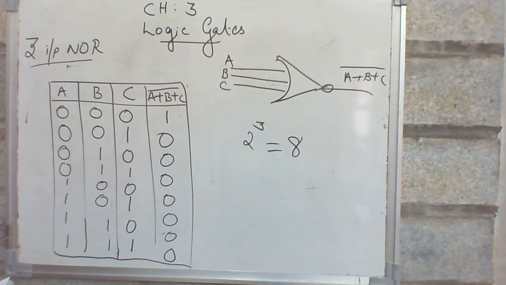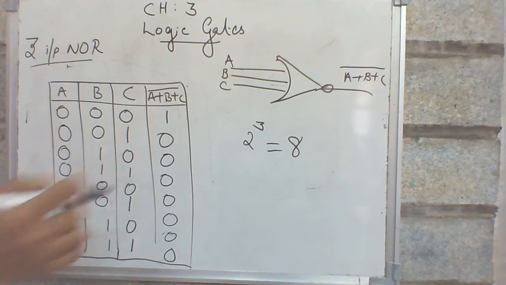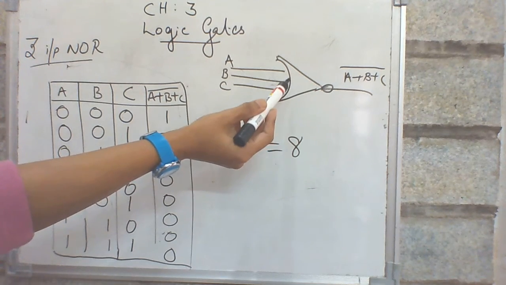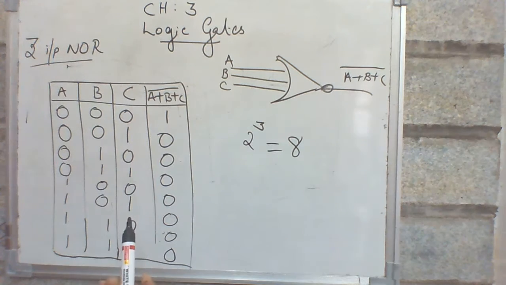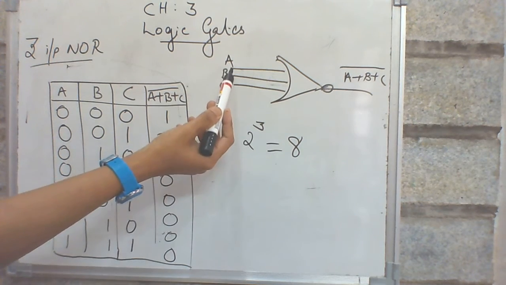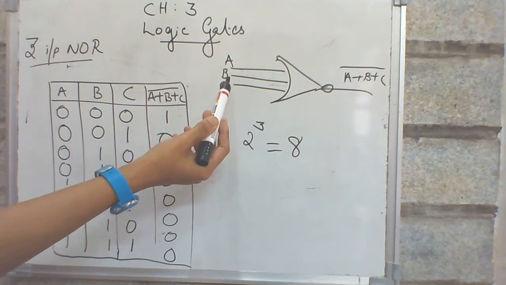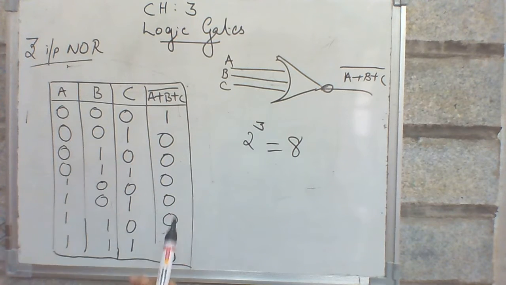Same like that, in NOR gate, if all the inputs are 0, output will be 1. This is the representation of NOR gate. This is a 3-input NOR gate. If A, B, C are the input, A plus B plus C the whole bar will be the output.